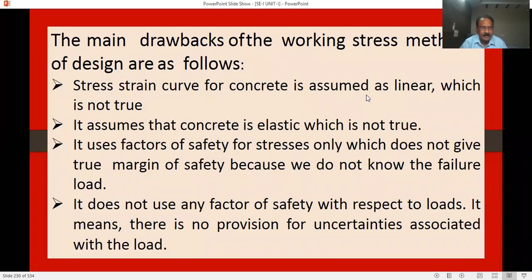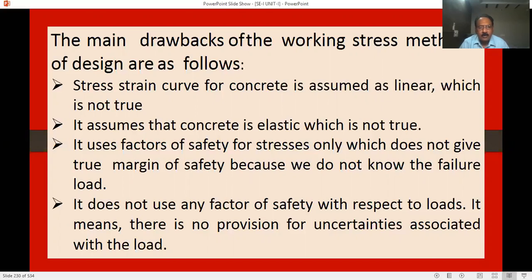The main drawbacks: of course for every design there are drawbacks, but here the drawbacks are more than in other methods. The stress-strain curve for concrete is assumed as linear, which is not true. Just now we observed straight lines from the neutral axis to the top and bottom for strain, and stress from the neutral axis to the top edge is a straight line.